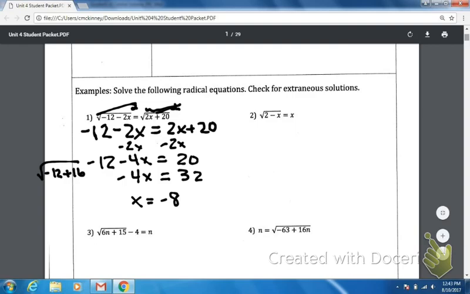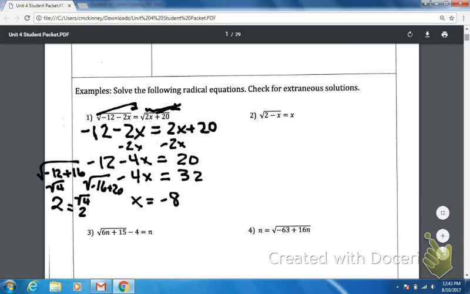Going back to the original problem, negative 12 plus 16 is 4, so that's the square root of 4, which is 2. On the other side, negative 8 times 2 is negative 16, plus 20. That makes the square root of 4, which is also 2. Is 2 equal to 2? Yes.